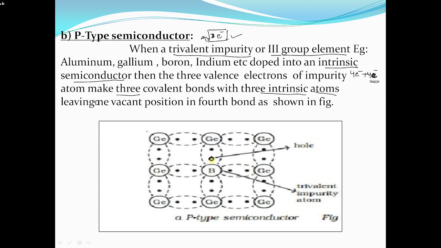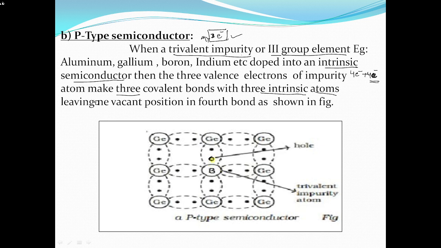In the fourth bond they leave 1 vacant space, that we call a hole. So here germanium intrinsic semiconductor is doped with boron, a trivalent impurity. So in one bond there is a vacancy, a hole.